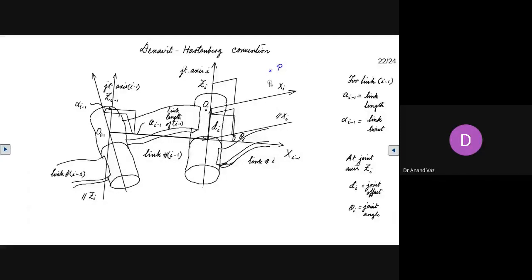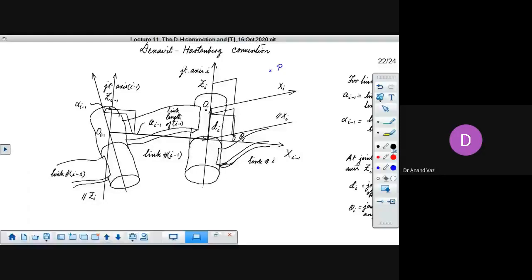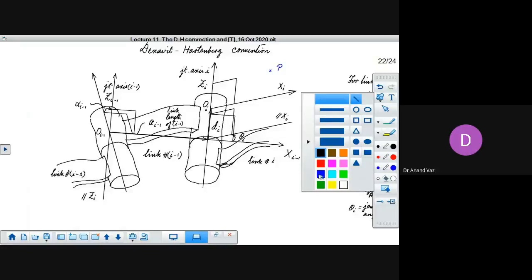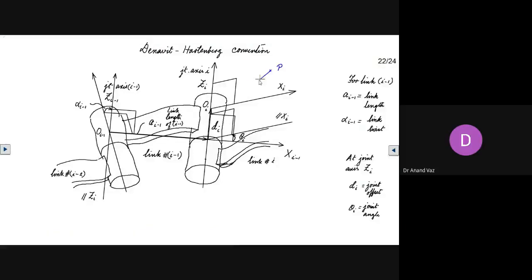we know that the location of this point P as observed by the observer in the frame i would be like this. He would see it like this because he's sitting here, and this would be the position vector.